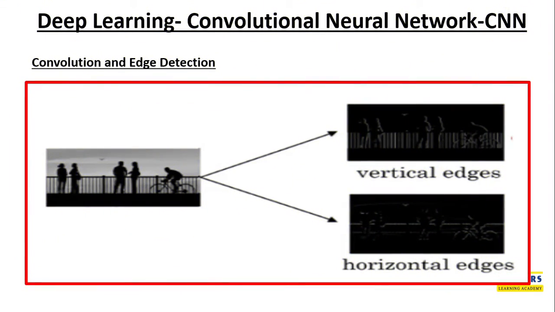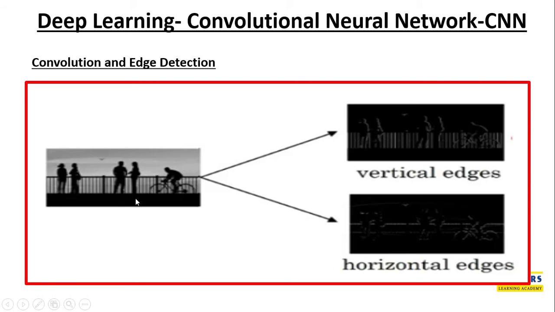Now let's try to understand how an image is processed by a CNN. When you see an image, how do you process it? The first step is to identify the edges, the horizontal as well as the vertical edges, right?